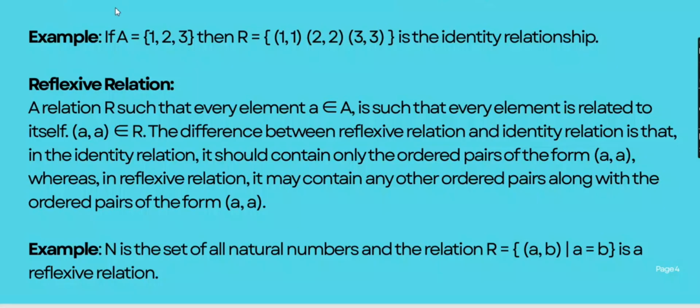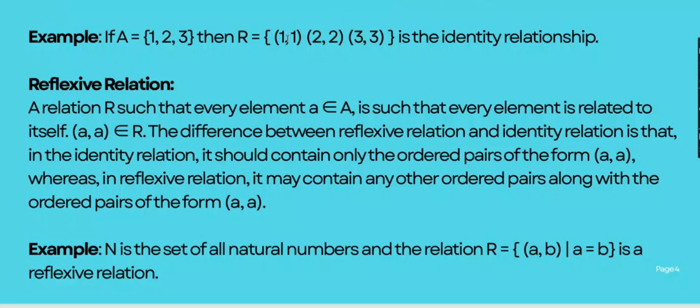So along with identity relations, if there are extra relations present, for example 1,2 or 2,3, that is also accepted. That is called a reflexive relation. Another thing is that these types of pairs, 1,1, 2,2, 3,3, are called diagonal pairs because both sides have the same values.